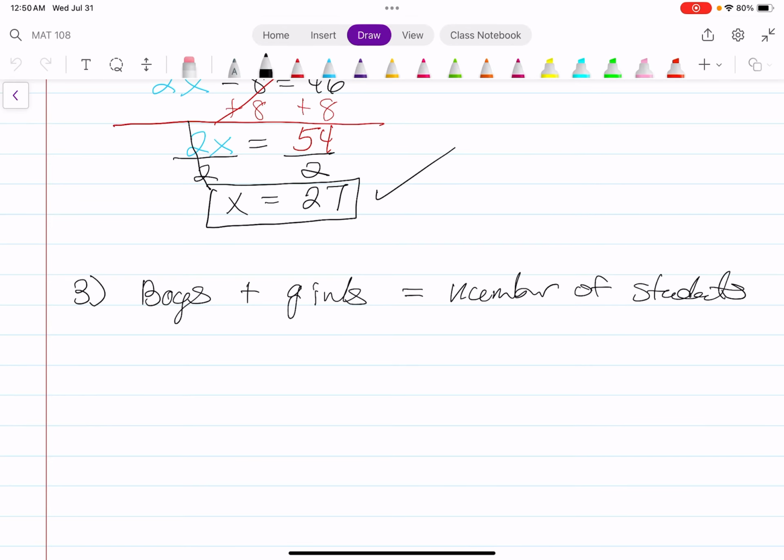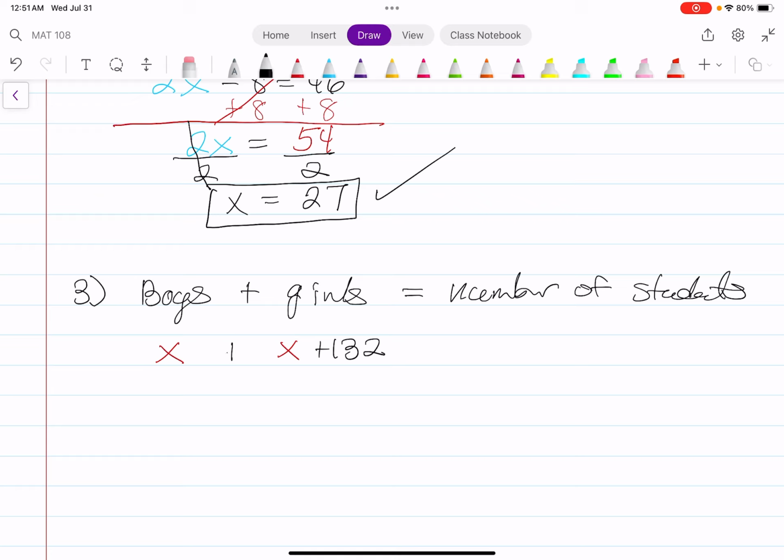So I'm going to call boys X. If I call boys X, there's X number of boys. When it comes to girls, it is going to be X plus 132, because once again, there's 132 more girls than there are boys.